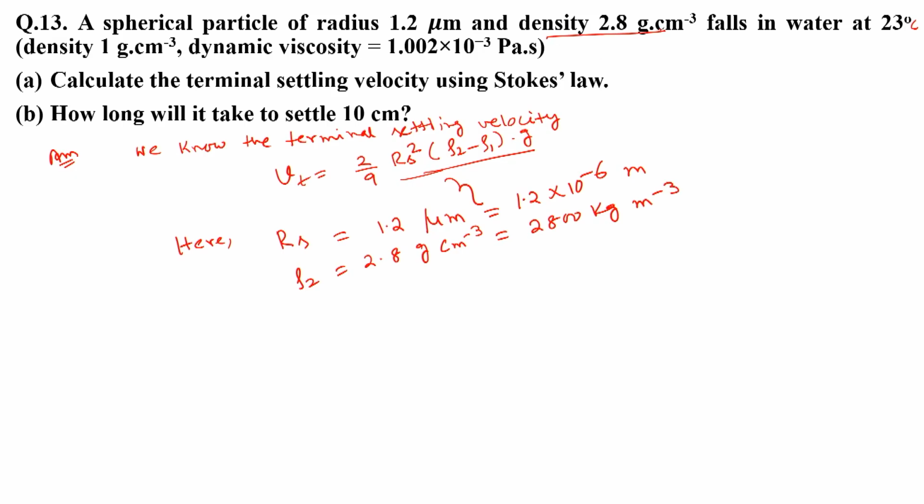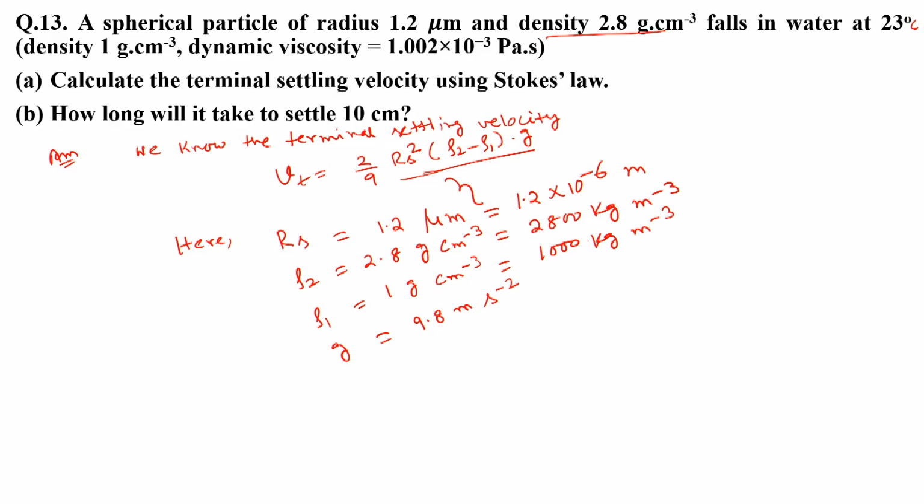Rho 1 is 1 gram centimeter raised to the minus 3, so 1000 kg meter to the minus 3. g, acceleration due to gravity, is 9.8 meter second raised to the minus 2.